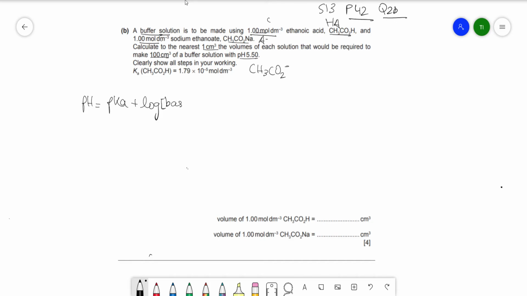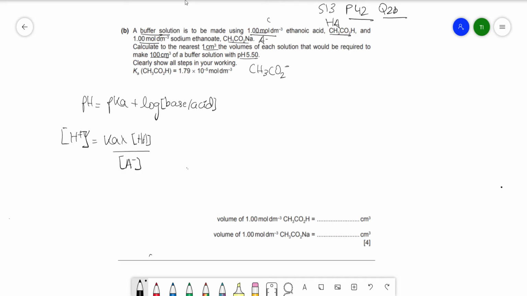Concentration of base by acid. This equation, like a lower variant of it, is basically this equation: [H⁺] is equal to Ka times the concentration of HA divided by the concentration of A⁻. This equation is basically the Ka equation with H⁺ made the subject, and the concentrations of H⁺ and A⁻ not being equal like we normally do with weak acids.